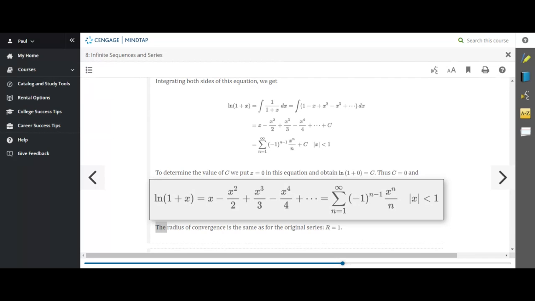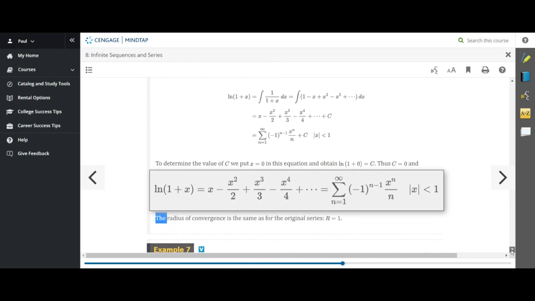So by putting x equals 0 into the power series, you determine that the constant of integration equals 0. And so there's your power series for the natural log of 1 plus x.